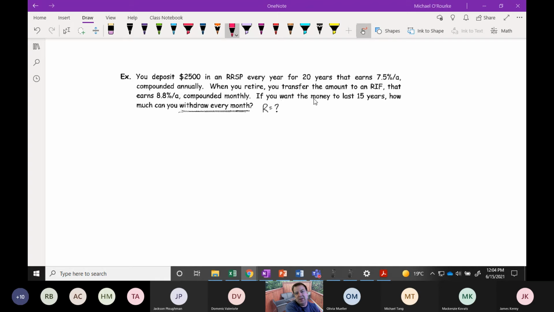If you want the money to last 15 years, how much can you withdraw every month? So we have a two-part question here, right? The first part here is a future value question. The second part here is a present value question.